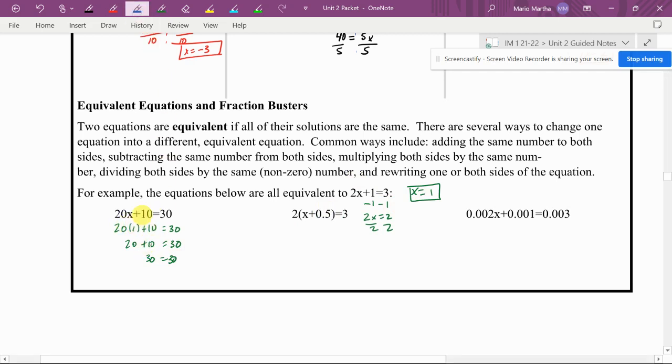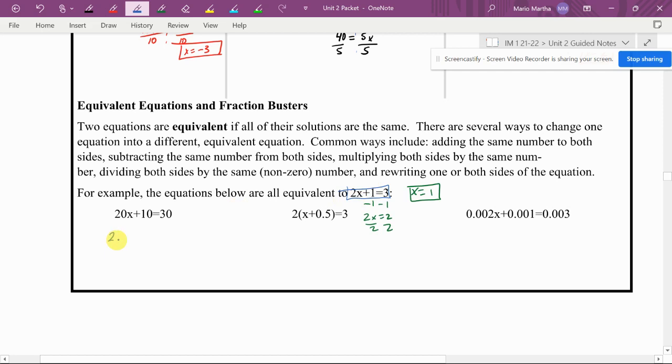Now, if you notice here, we're looking at what's different between the original equation and what they do to both sides in order to get 20x plus 10 equals 30. So here what they did was they multiplied both sides by 10.